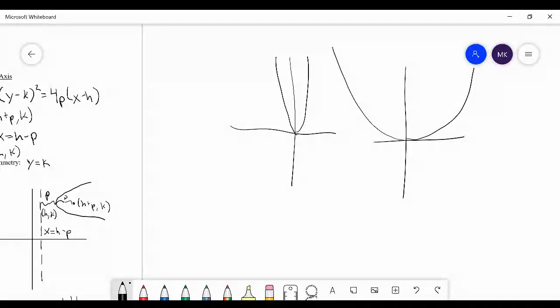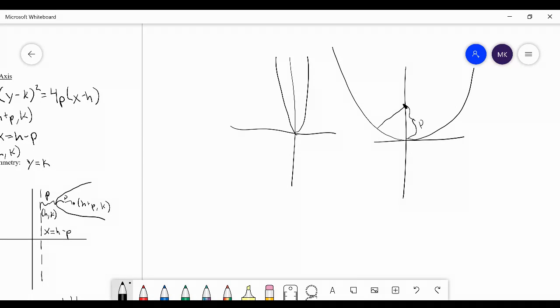So the distance between the focus and the directrix is what's changing here, based on this p-value. So we have to think about how to look at this visually. Say this is our focus, which means this value here is p.